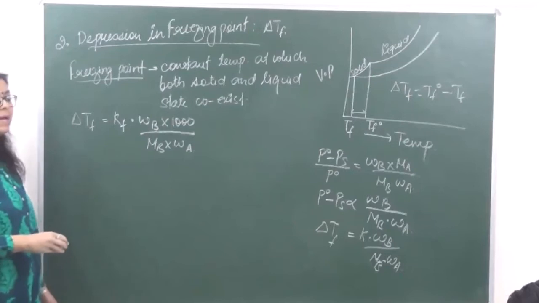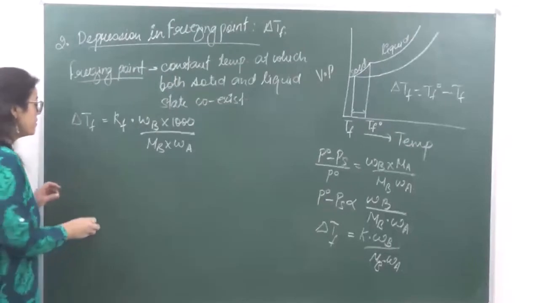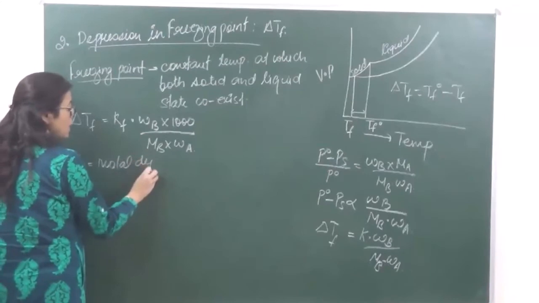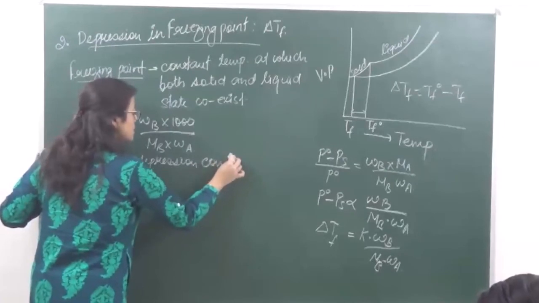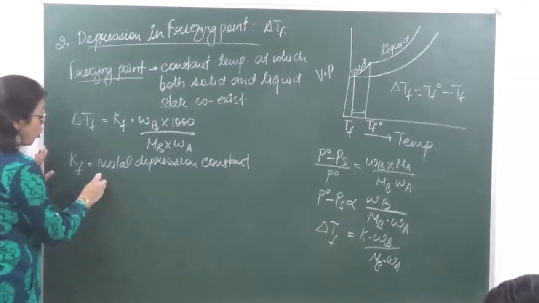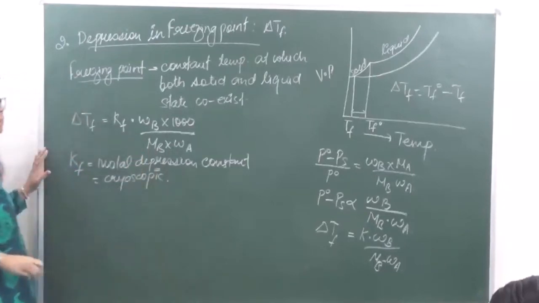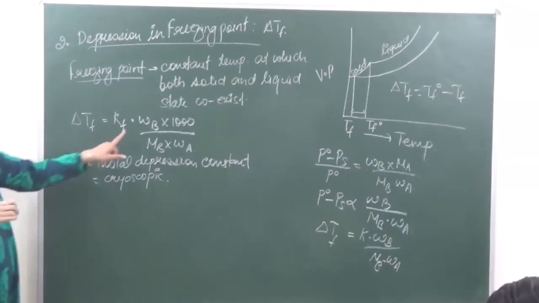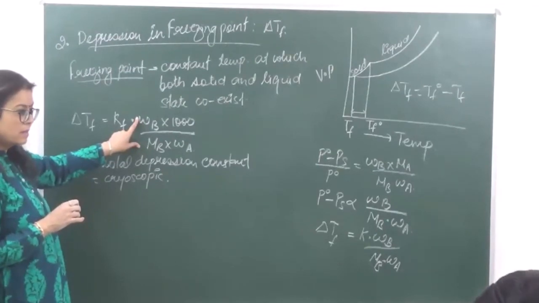Like Kb, that was known as the ebullioscopic constant or molar elevation constant, Kf is known as the molar depression constant, or it is also known as the cryoscopic constant.